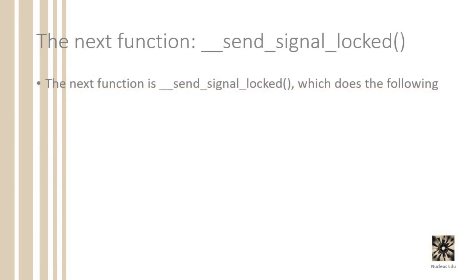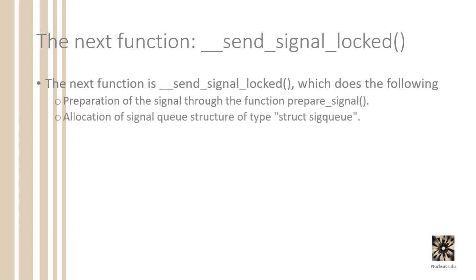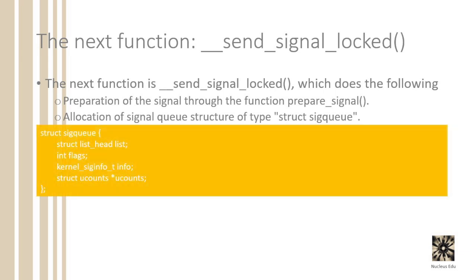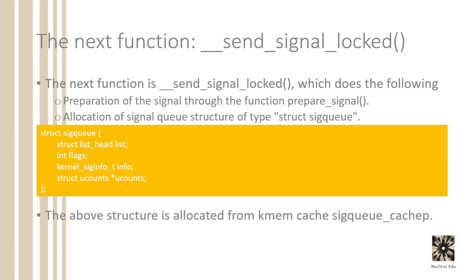So after this, the next function that is called is __send_signal_locked, and it does a few major things here. One of them is preparation of the signal through the function prepare_signal, and then it does an allocation of the signal queue structure, which is of type struct sigqueue, and this is how the structure looks. The above structure is basically allocated from a kmem cache, which is named sigqueue_cachep.